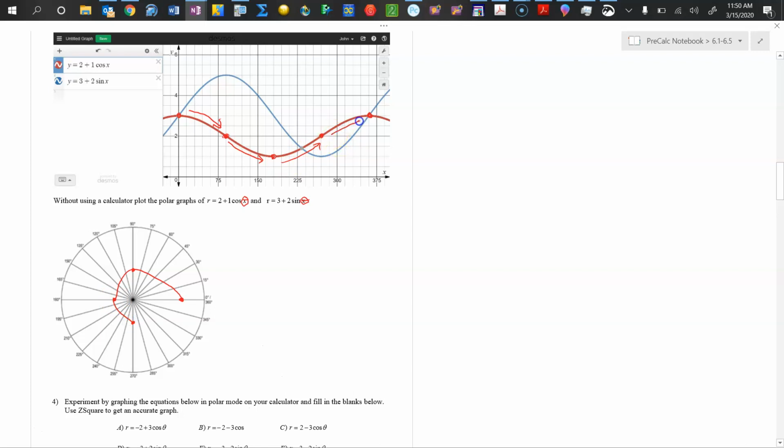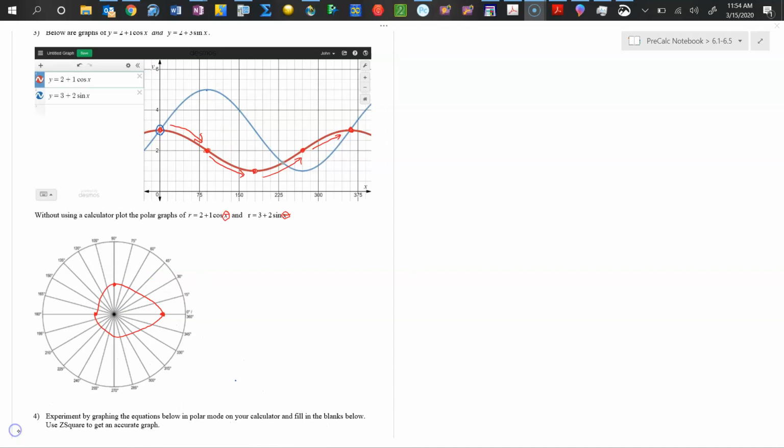And from 270 to 360 degrees, r is increasing, so we're getting further away from the pole. And what you see here is something that looks like a cardioid, except it does not have a point at the pole.